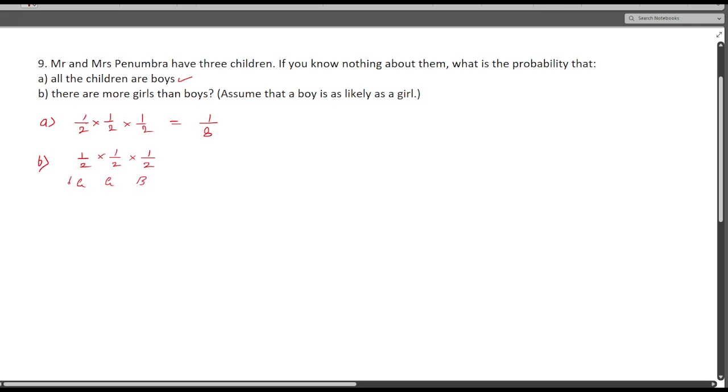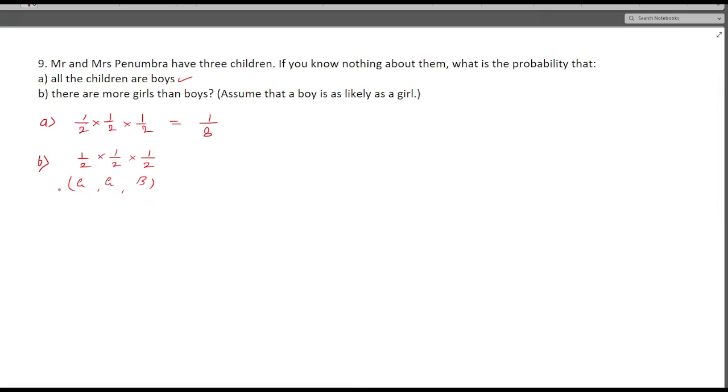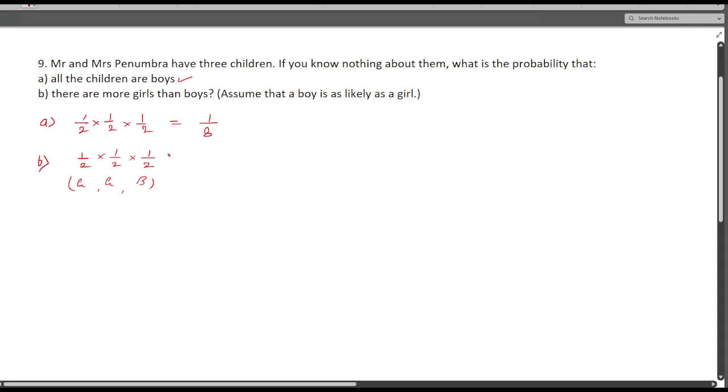Okay, now this GGB, we can have 3 different combinations. The first child could be a girl, second could be a boy, and the third could be a girl, like that. So I will multiply this with 3, and then there is one combination where all the 3 are girls.